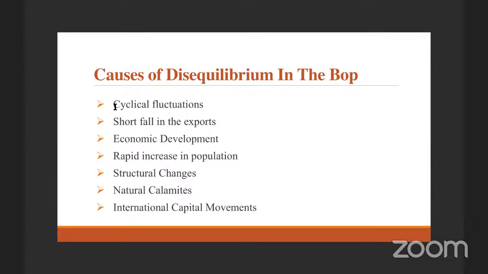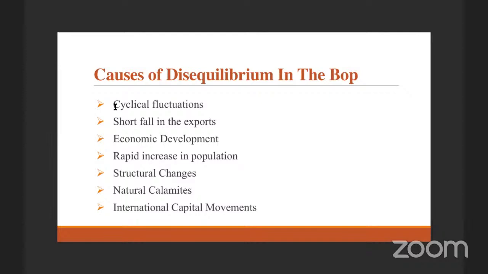Shortfall in the exports, right? I told you, tobacco: people stopped buying and stopped consuming tobacco. That's a shortfall in the export of tobacco. The BOP may be affected. What else? The Western countries are looking at China for software rather than India.